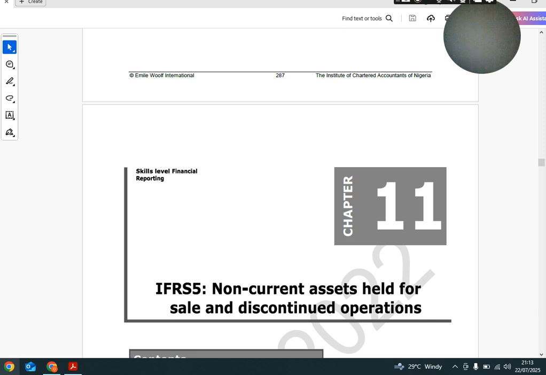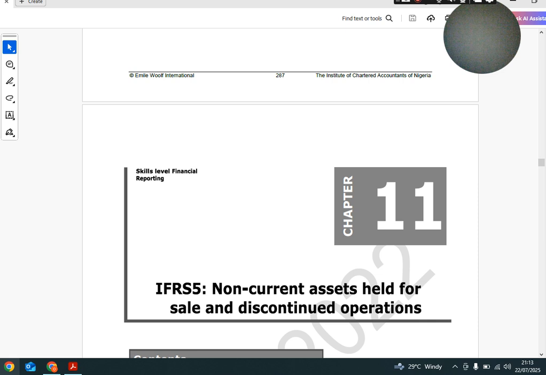So after this standard today, in our next class, we will start our group accounts, because group accounts is also very bulky, because there are a lot of things we need to do there. So I'll briefly treat or summarize this standard.